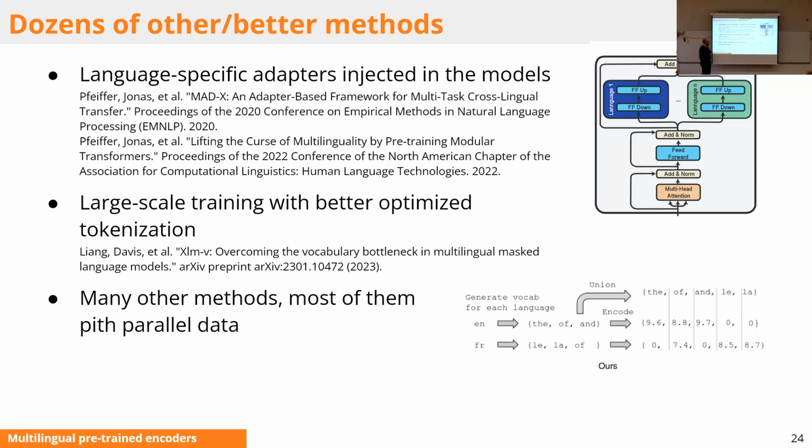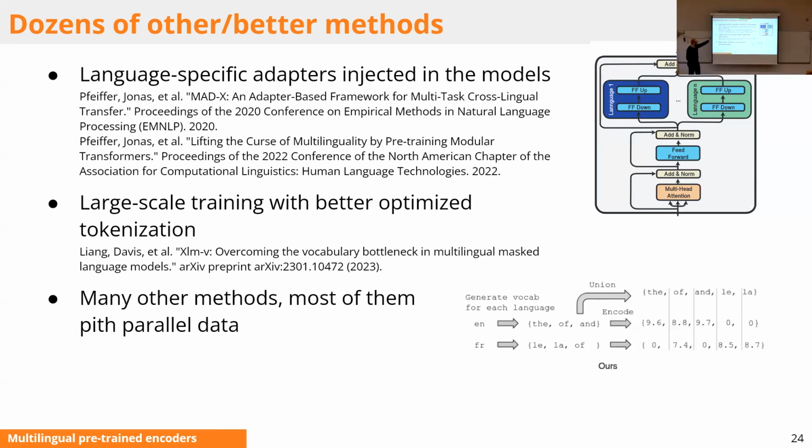The most successful work on this topic is the work of Jonas Pfeiffer, which includes using adapters in the transformer layers, and also pretty recent work by Meta showed that if they prepare the vocabulary of such a model in a clever way, they also can get pretty reasonable improvements.